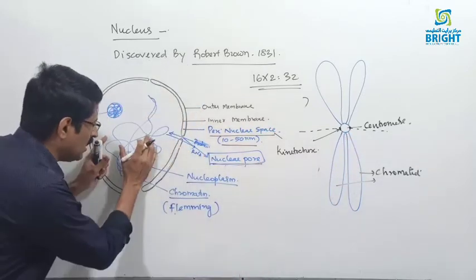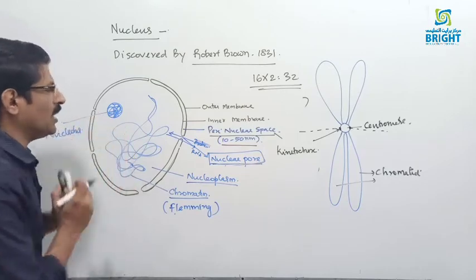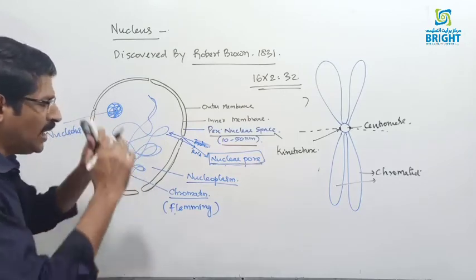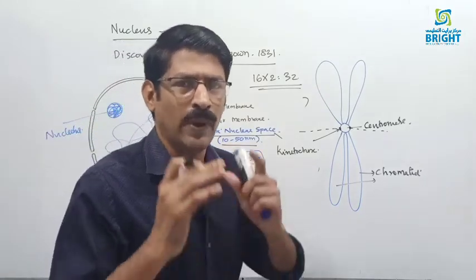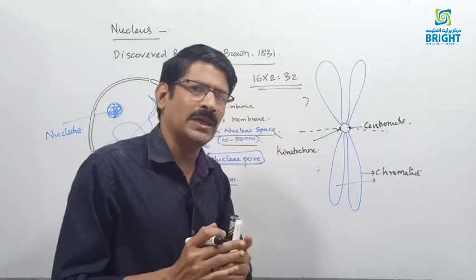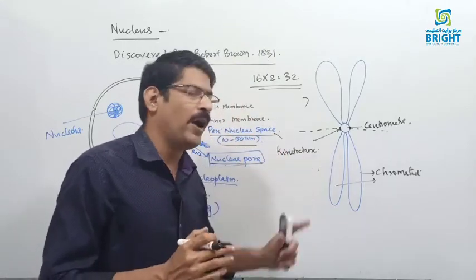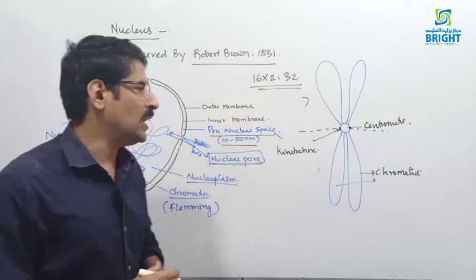So chromatin is a coiled region, and it is the DNA or nuclear material. The term chromatin was introduced by Fleming, and the chromatin material condenses to form specified chromosomes during cell division.